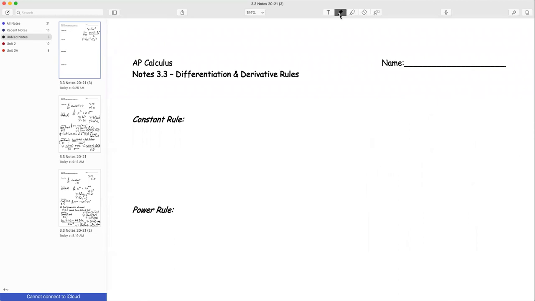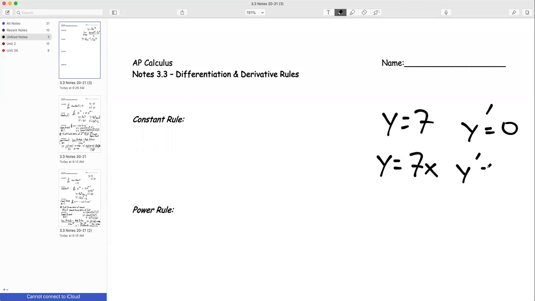Okay, so let's say I have y is equal to 7, then y prime would be 0. And y is equal to 7x, and y prime would be, derivative is the what? It would be 7. So y equals, let's say it's 7x squared.